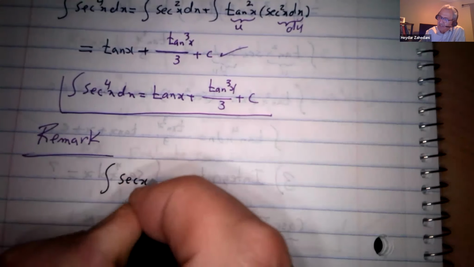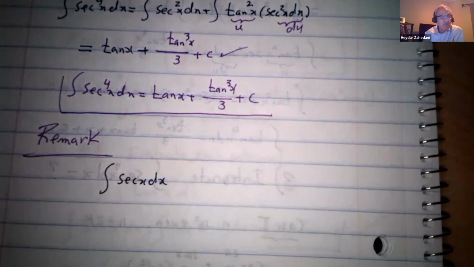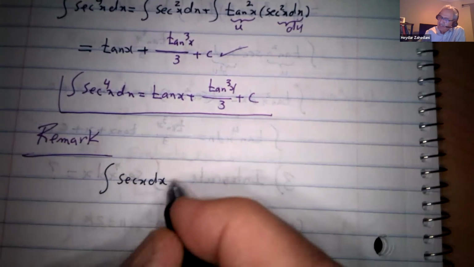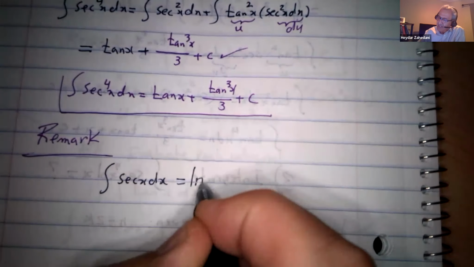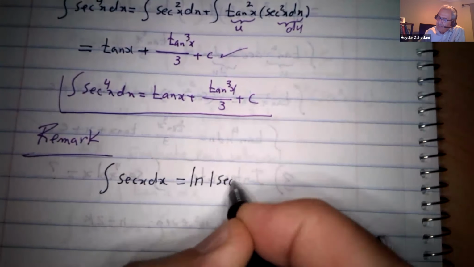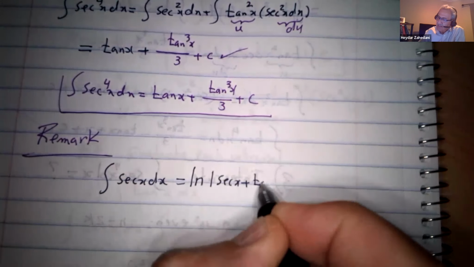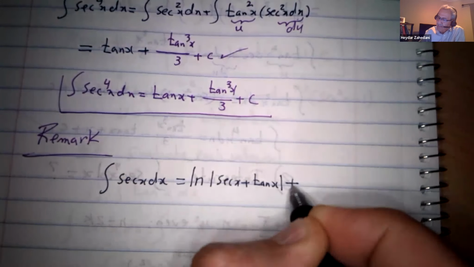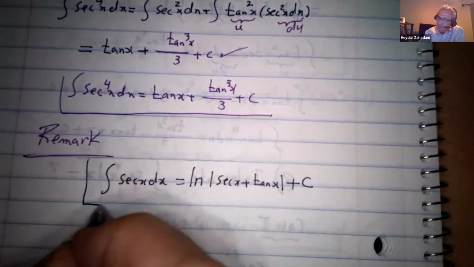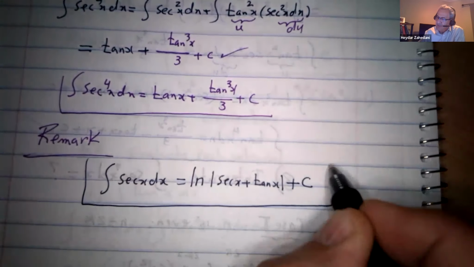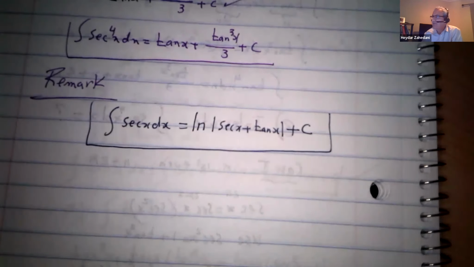You see, I did this one before for you. Integral of a secant x dx is what? It is the ln of the absolute value of secant of x plus tan x. So you have to keep this one in mind when you want to do odd power of a secant.